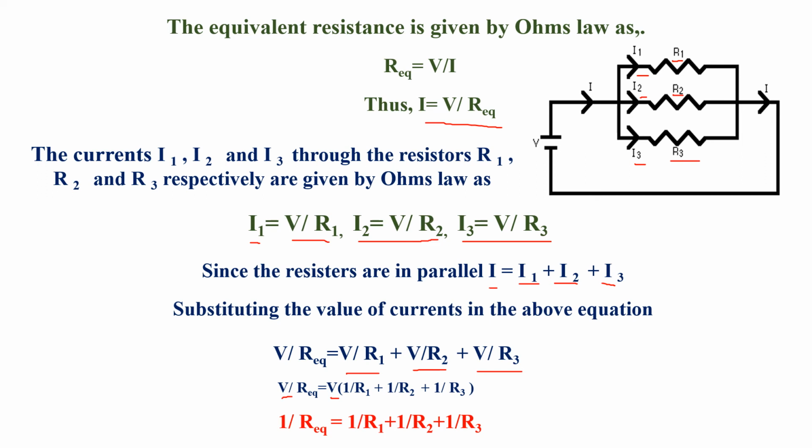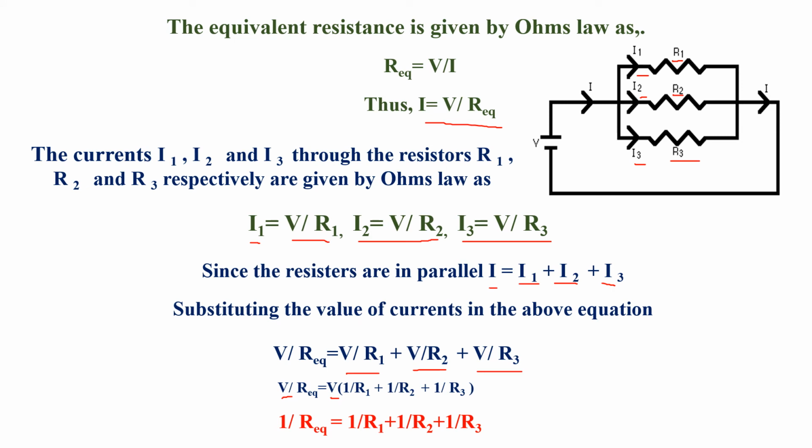So 1 by R is equal to 1 by R1 plus 1 by R2 plus 1 by R3. This is how the derivation comes.